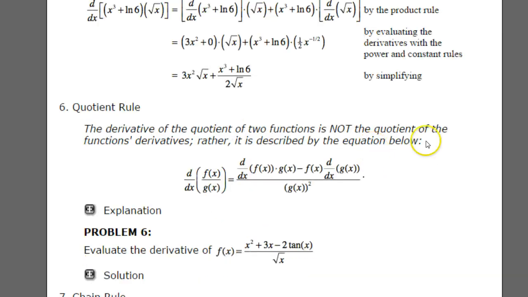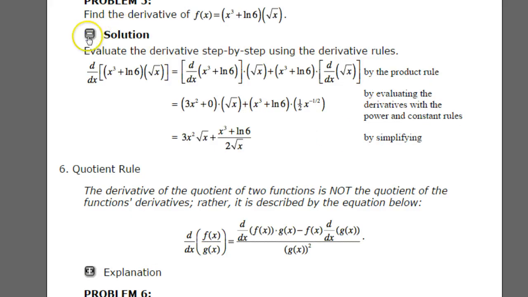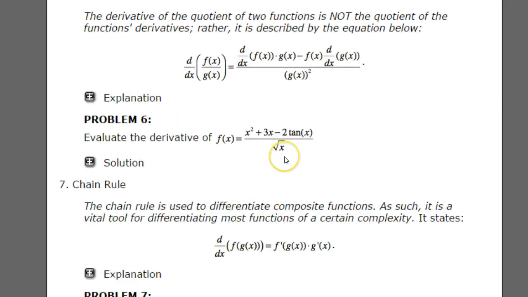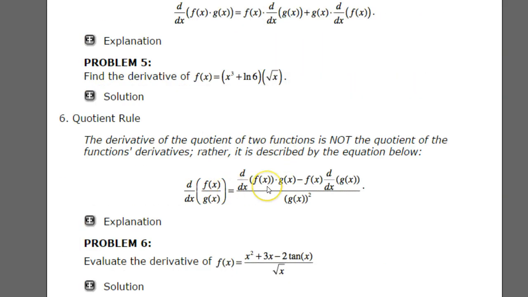Now the quotient rule is a little bit like the product rule. With the product rule, you could mix up the order and still be fine, as long as you do the derivative of the first times the second plus the derivative of the second times the first, or vice versa.